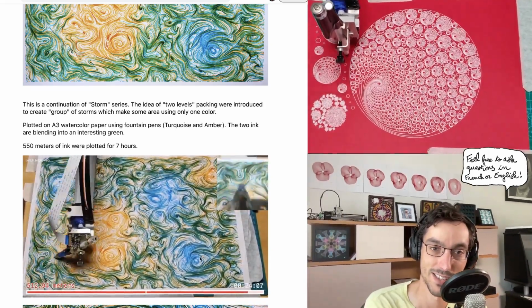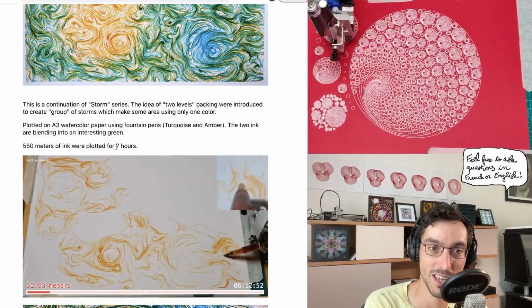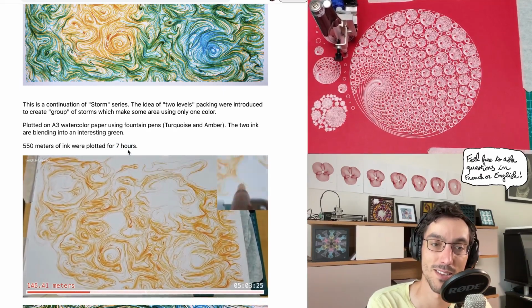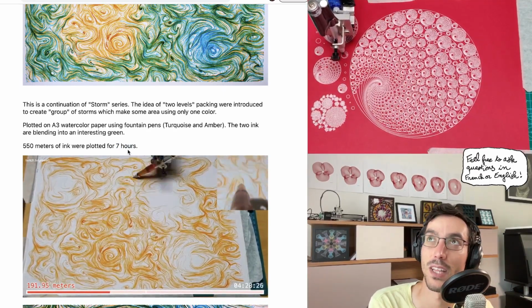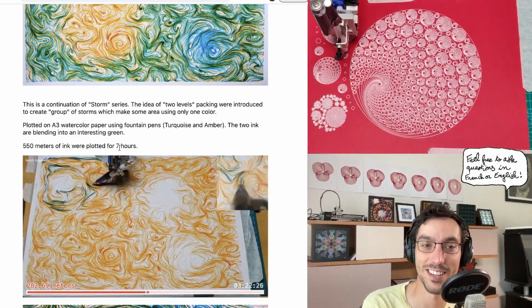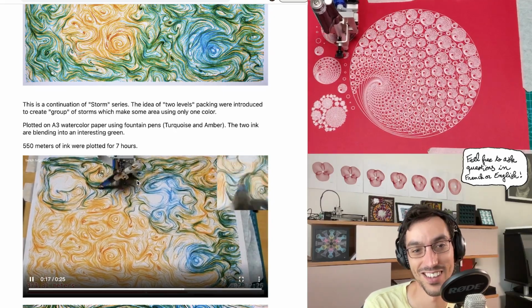So it's 4 times this. And if we do the same, I guess we multiply the time by 4, so even more, because you have to plot it slower. So maybe it's a full day of plotting, and you have to change the ink in between.